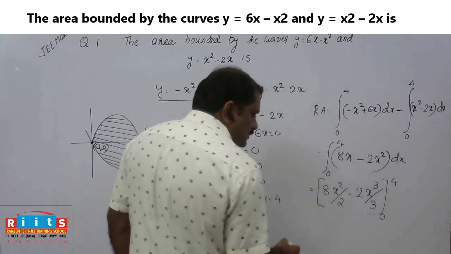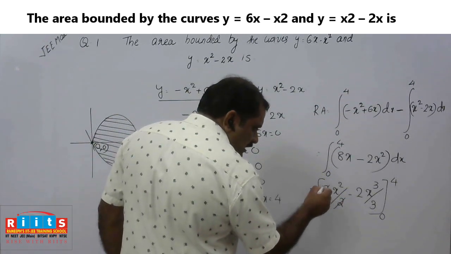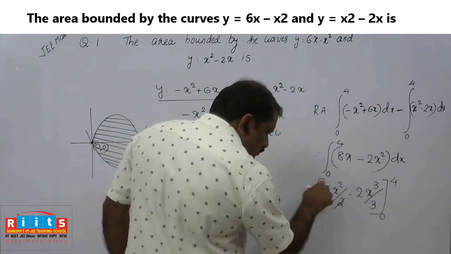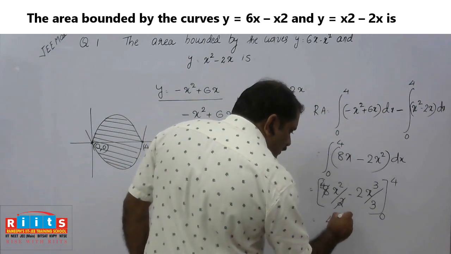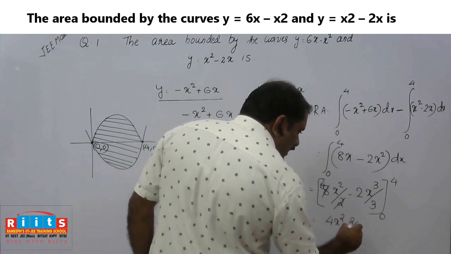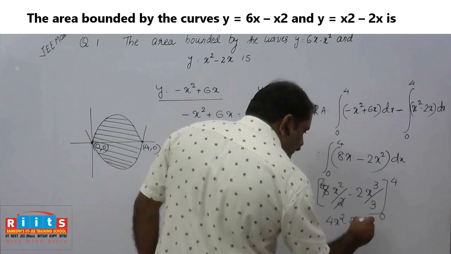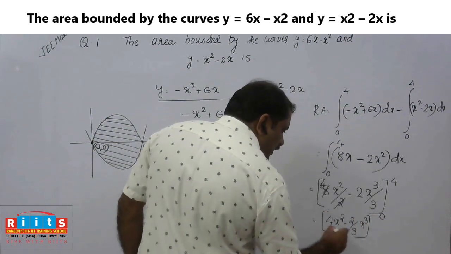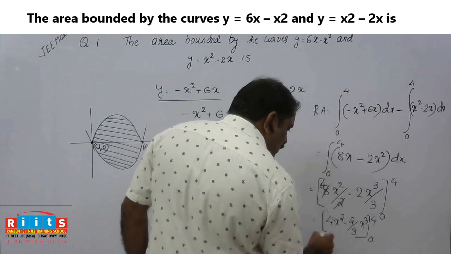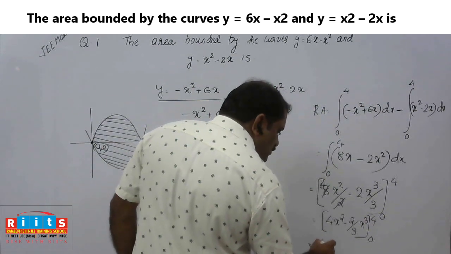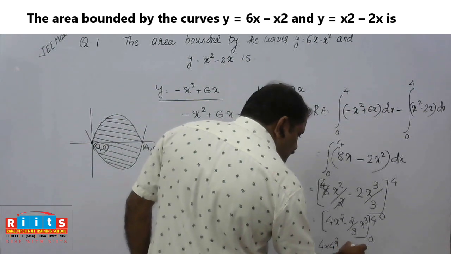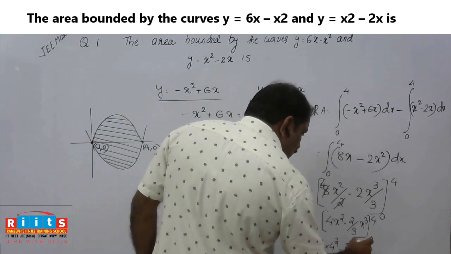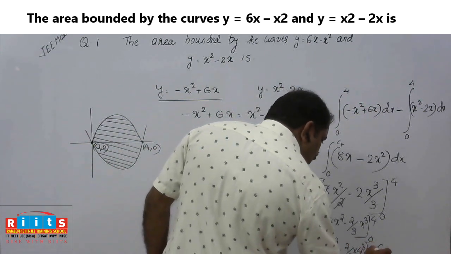First of all, cancel the common term, that is 4. So we get 4x square minus 2 by 3 x cube, from 0 to 4. Then apply the limit 4. Then we get 4 into 4 square minus 2 by 3 into 4 cube. Minus the lower limit, which is always 0.